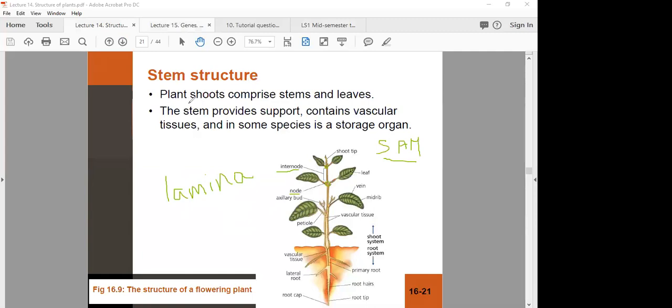Okay, so plant shoots comprise stems and leaves. The stem provides support, contains vascular tissues, and in some species is a storage organ. So let's look at stems in a bit more detail.